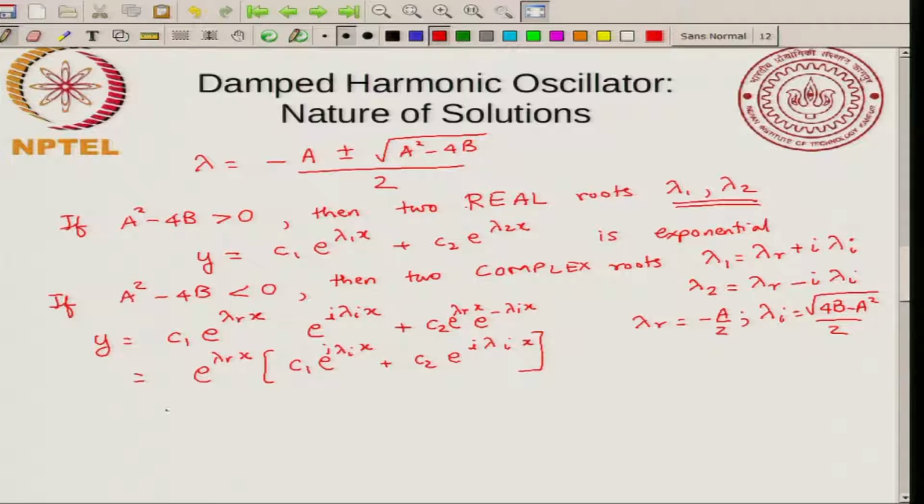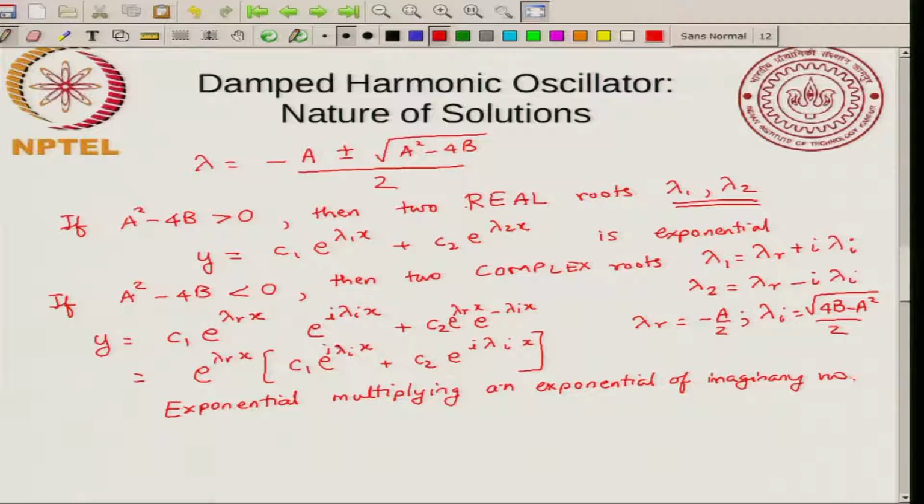So this is basically an exponential multiplying an exponential of an imaginary number.